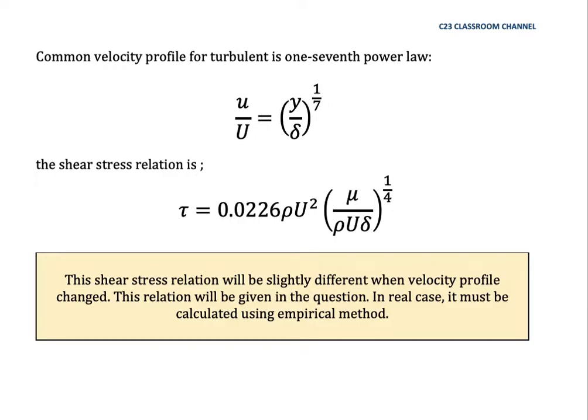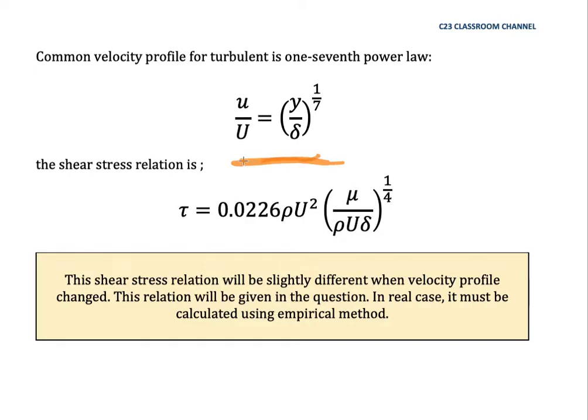Similarly with the turbulent boundary layer, if you are not sure what velocity profile you could use in your research, and the velocity is not too high, meaning you are not solving a jet fighter condition, because a jet fighter needs to move faster than Mach 1, if you just solve a normal ship in the ocean or a normal passenger car condition, it is okay for you to use the velocity profile of y per delta to the power of 1 over 7.